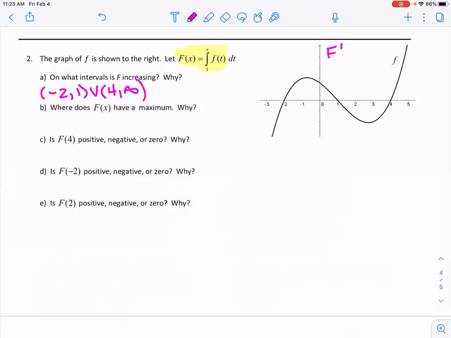And so our reason why, Kylie, what would we write? Little f is positive. Good. Where does f of x have a maximum? Isaac, where's our maximum? Why is our maximum at x equals 1?